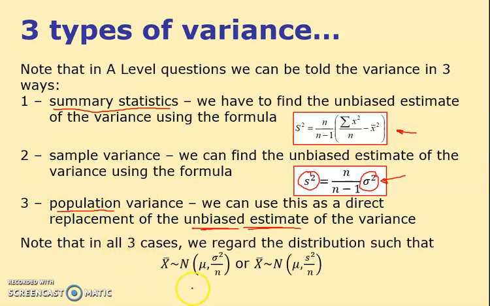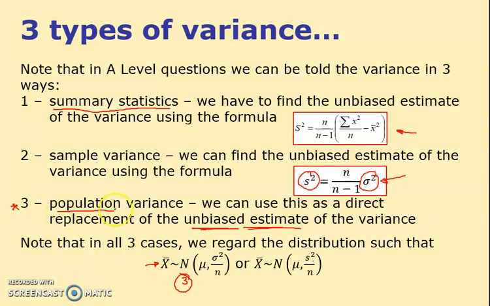But notice in all three cases, the sample mean, whenever I do it, will be basically a normal distribution, and we're going to use sigma squared over n if we know what sigma squared is. I'm not sure if sigma squared is the right thing here. I think I'm basically saying the real population variance or the unbiased estimate. This is meant to be option 3 here.